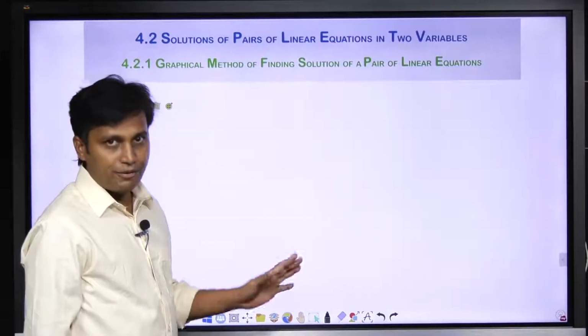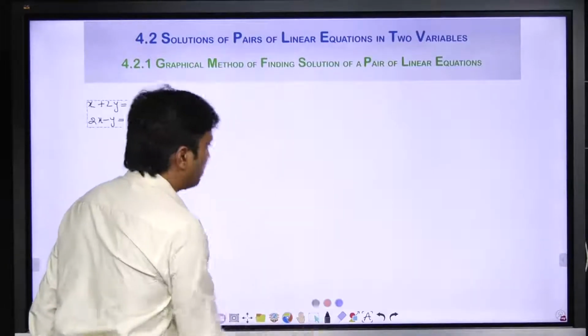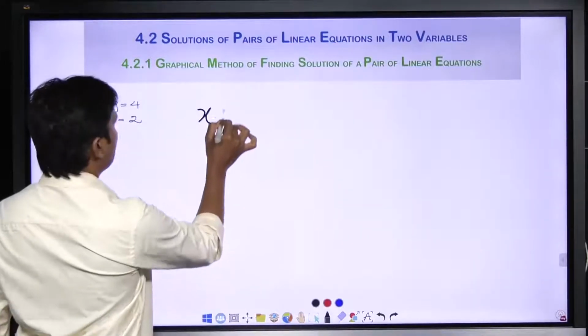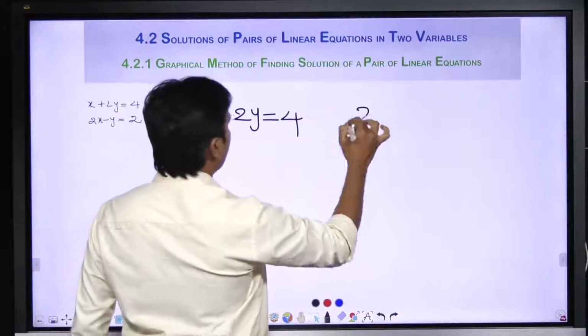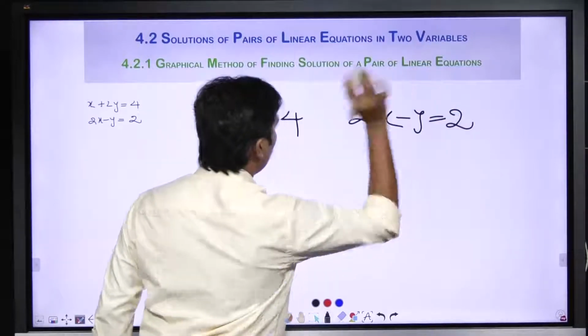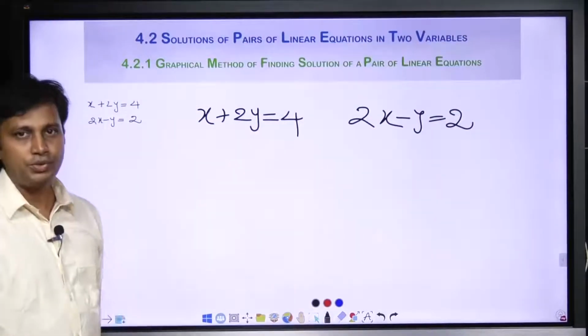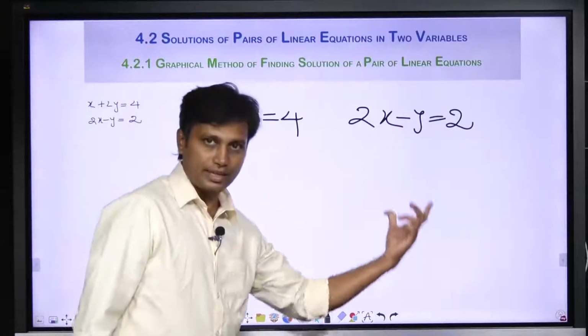So what we have to do actually in the method of trial and error, we need to take this first equation, that is x plus 2y equal to 4, and on the other hand we have to take the second equation also, 2x minus y equal to 2, and we need to do the trial and error method for each.